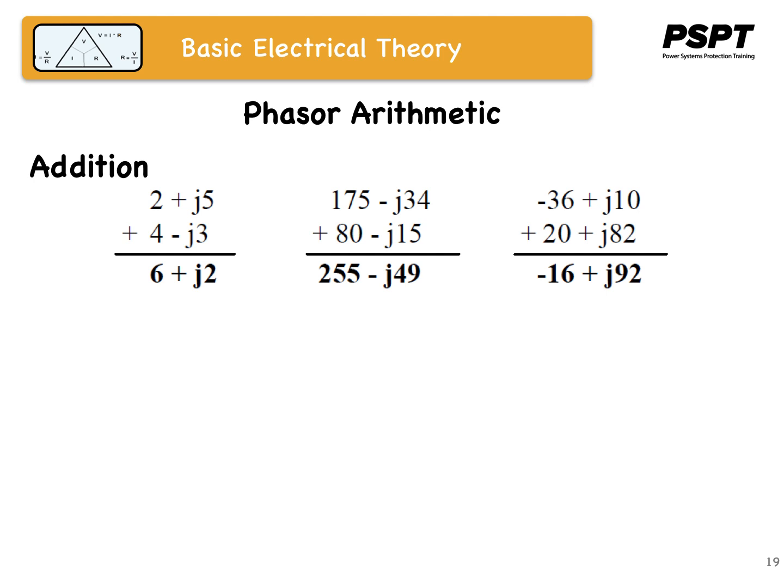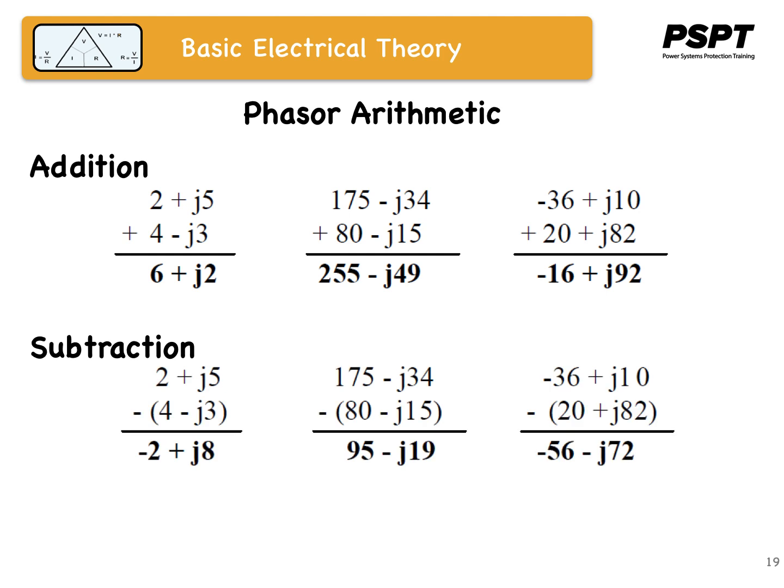And the last one is a real component of minus 36 plus J10 added to a phasor 20 plus J82, which results in minus 16 plus J92. It's very simple. It's just a matter of adding the two separate numbers together. If there are minus signs involved, that just automatically works into the process.